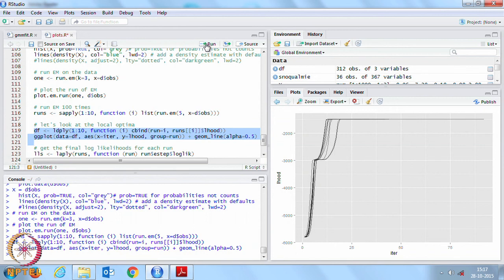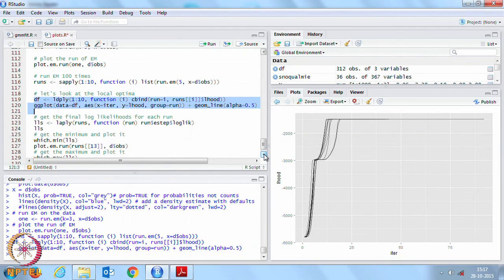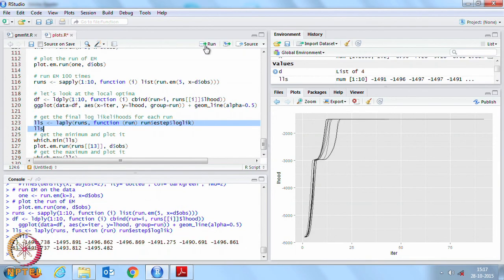In each iteration the likelihood keeps increasing until it reaches a point and remains steady there. This is a property of the EM algorithm which we will prove on Friday, that the likelihood always increases during the iterations.